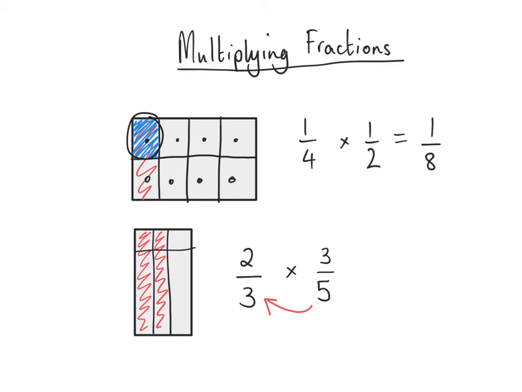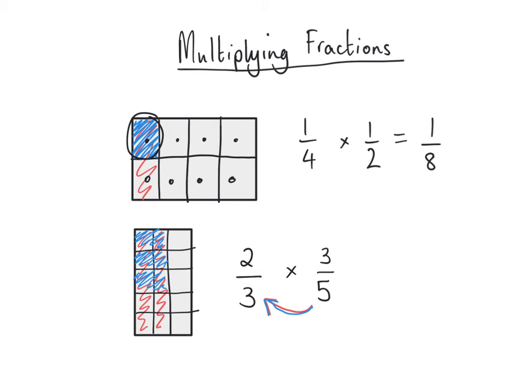So we're going to split our diagram into fifths, because that's going to help us. And think very carefully. We want 3/5 of that 2/3. So the red section is the 2/3, and we want 1, 2, 3/5 of that. This is fifths because there's 5 bits. So we want 3/5 of that 2/3.